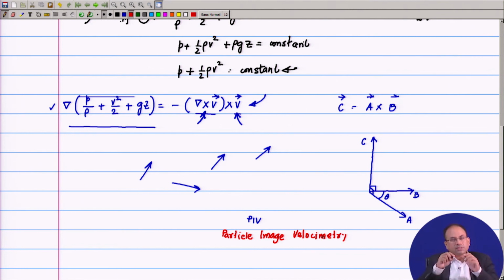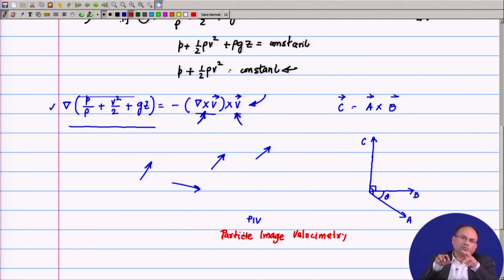And what happens is, suppose you have a flow field and you seed the flow field with some particles, typically glass beads or something, very small, very light particles, and then you shine a laser sheet through the fluid. There are various kinds of seeding, glass bubbles are just one of them.